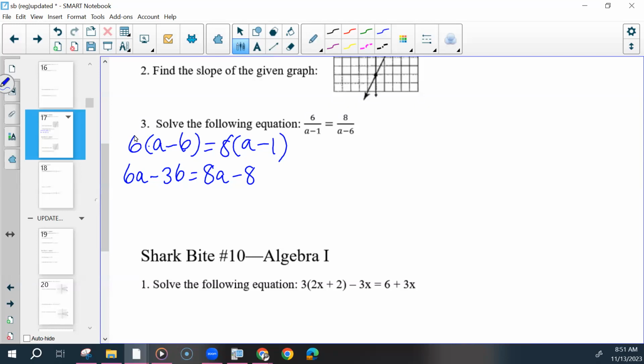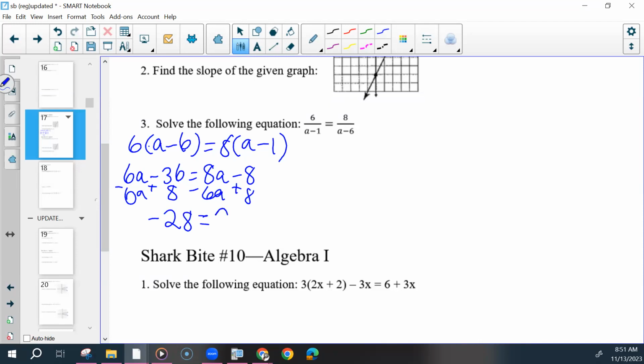Let's say we subtracted 6 from both sides and added 8 to both sides. So we get, what is that? Negative 6 plus 8. Negative 1. Negative 28.